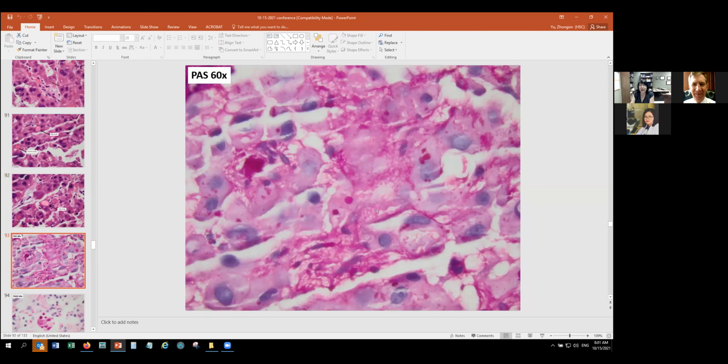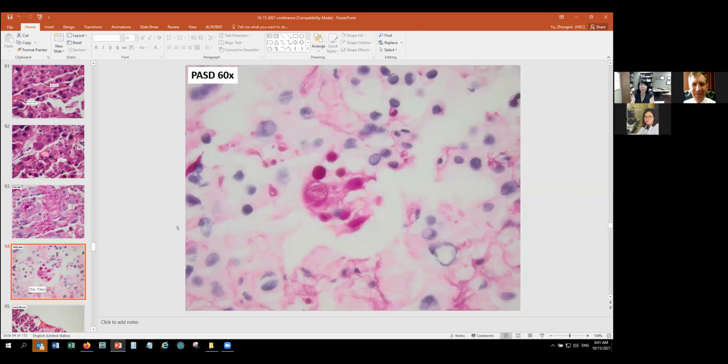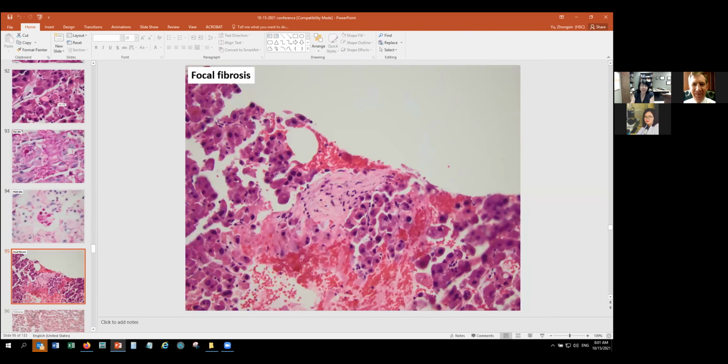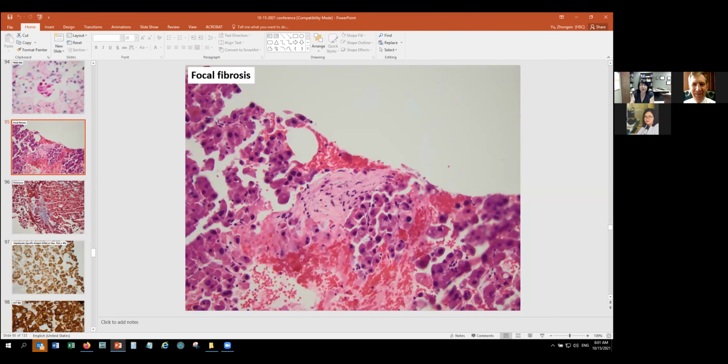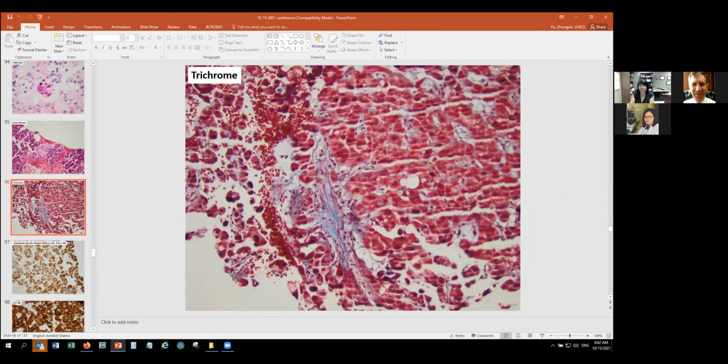The PAS highlights those hyaline bodies, pale bodies, and you can do PAS-D for these hyaline bodies. And look for the fibrous tissue, sometimes very prominent, sometimes not obvious. In this specific case it's not obvious, but you do see some laminated fibrosis like this. Trichrome stain is usually better.